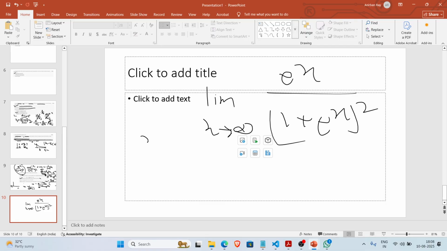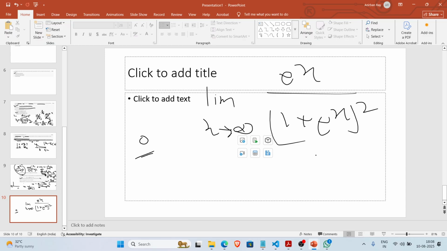If it becomes 0, then it means that it saturates. So x tends to infinity as well as negative infinity. If you put infinity here, it is infinity by infinity form.